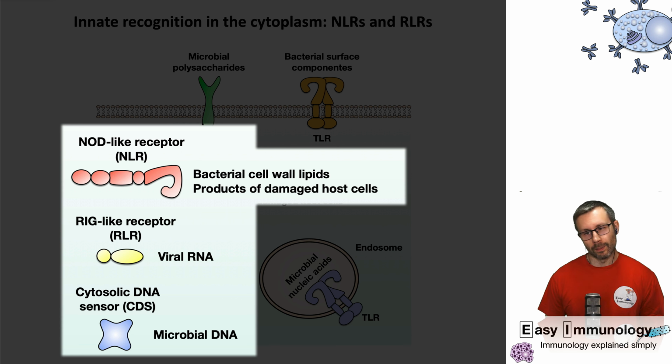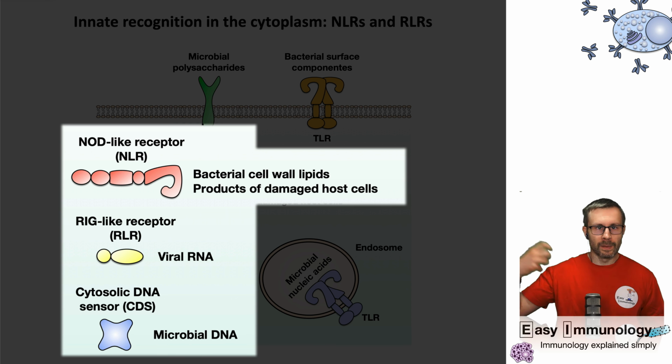For example, I told you flagellin is recognized via toll-like receptor 5, and this is again an example for where I try to make things very simple, because flagellin, the part of the flagella, is recognized by toll-like receptor 5 if it's outside of the cell. If it is inside of the cell, it is recognized by a NOD-like receptor, and therefore the cell can even distinguish: is the flagellin outside?